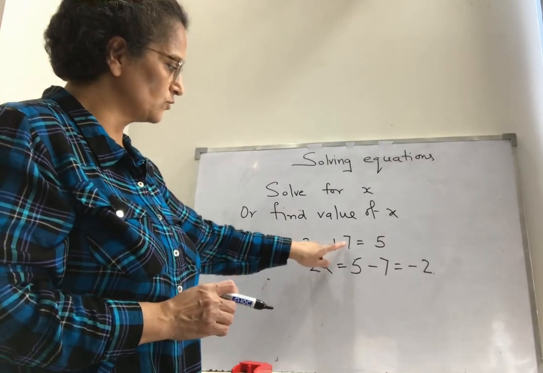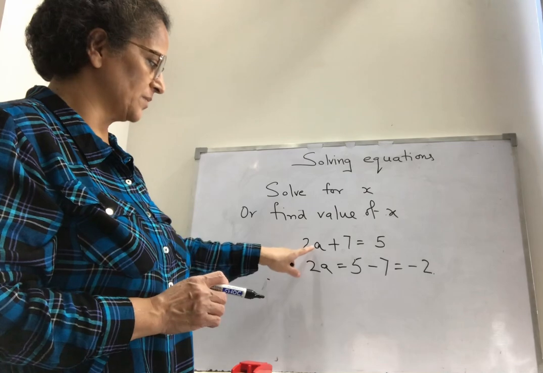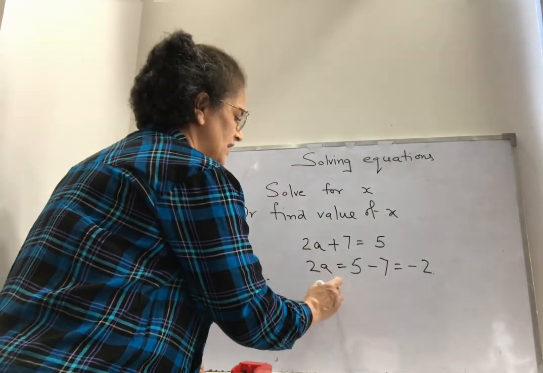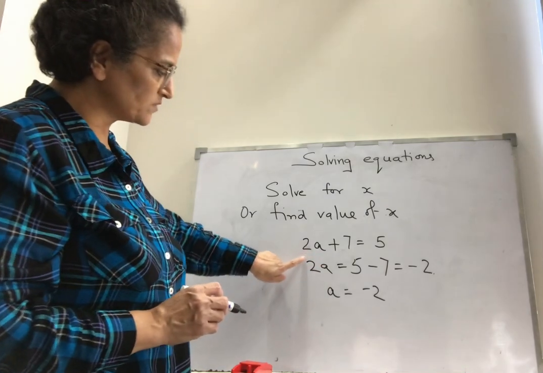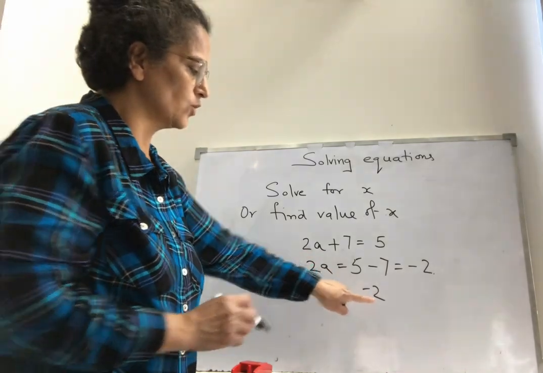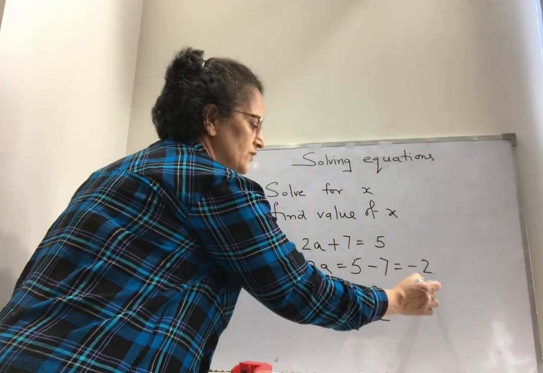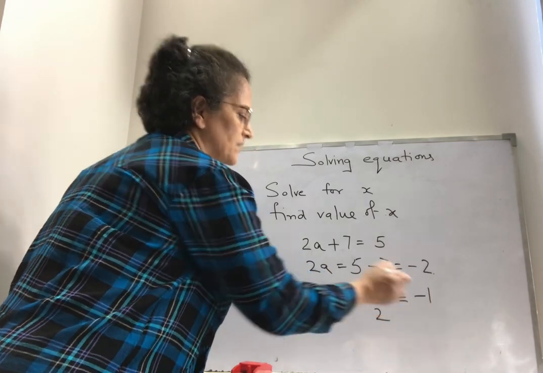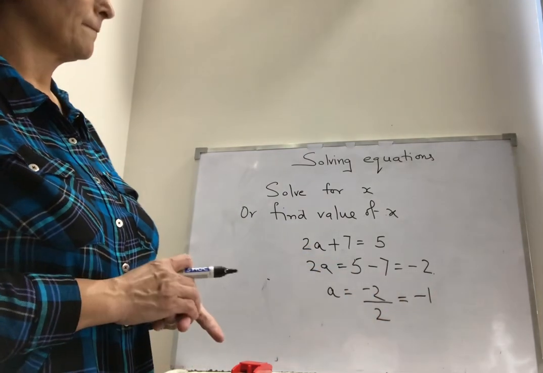Now after removal of this plus, we can remove the multiplication. So I have a here, minus 2 on the right hand side. This 2 is multiplying here. It will go and divide on the other side. 2 divided by 2 gives me 1 and there is a minus sign. So a value will be minus 1.